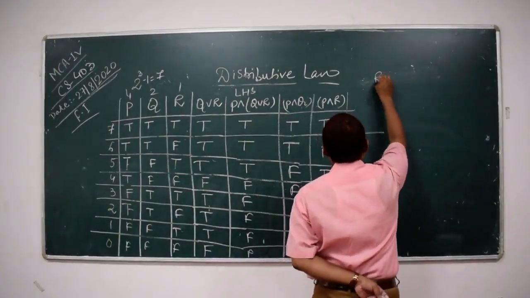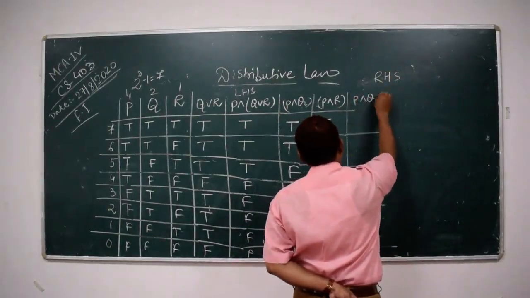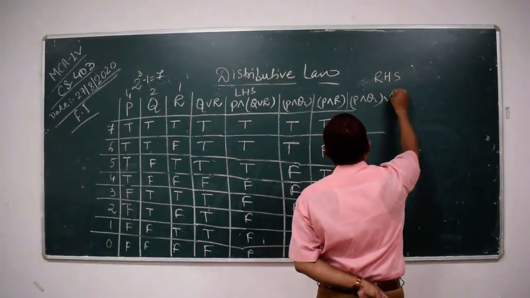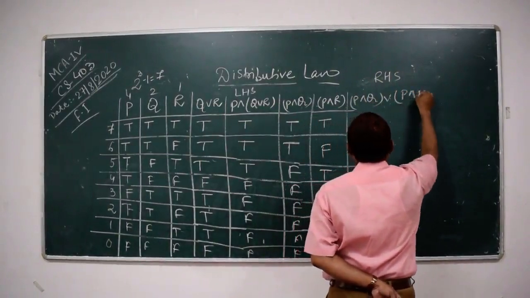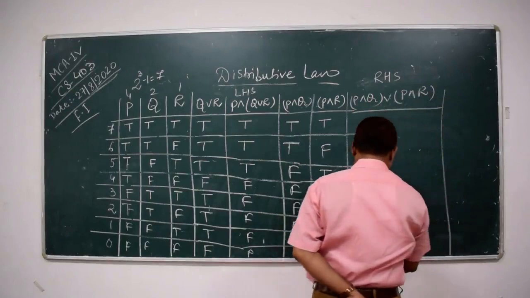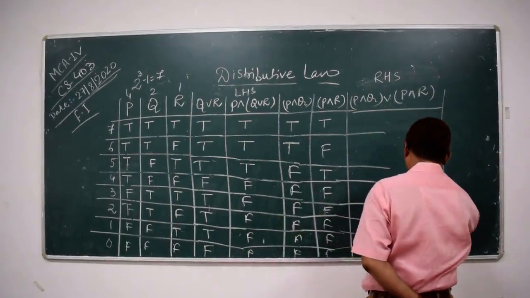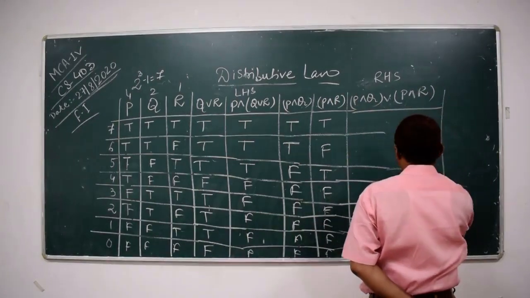RHS, P and Q or P and R. This is the RHS side, must be equal to LHS. इसकी वैल्यू जो आनी चाहिए वो LHS के बराबर आनी चाहिए.